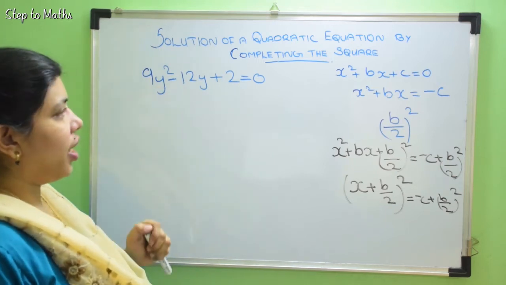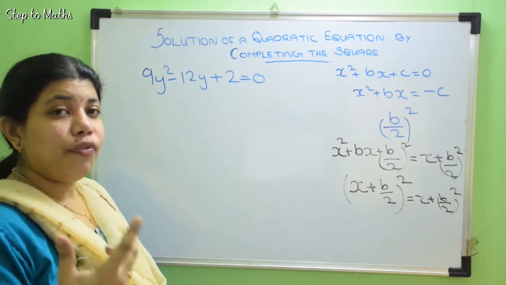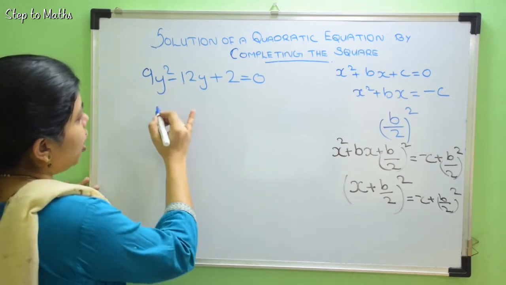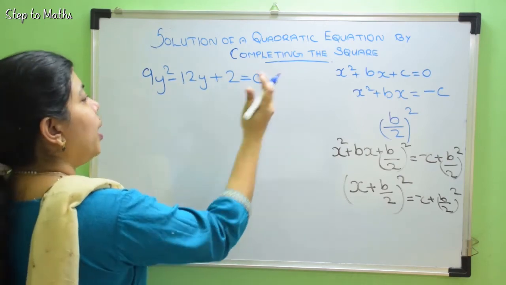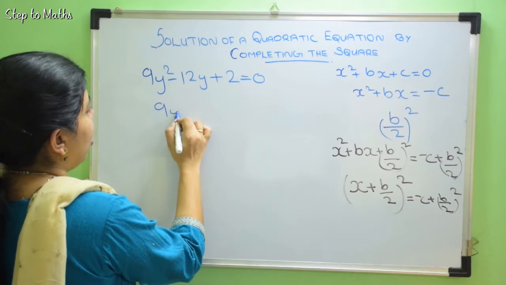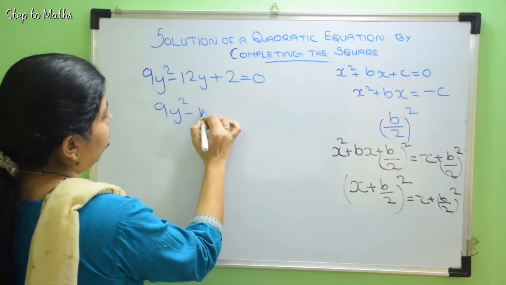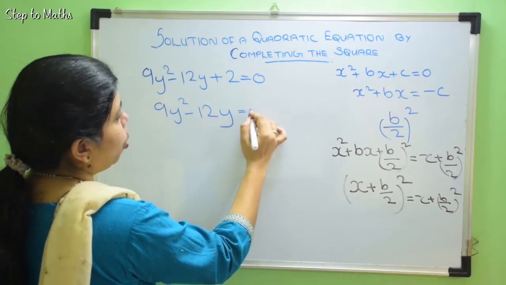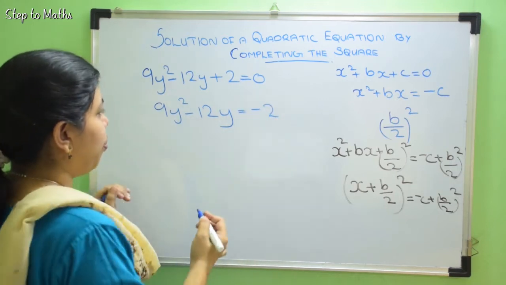Here it is 9. So what will we do? First step, transfer the constant part to the right side. 9y square minus 12y is equal to minus 2.